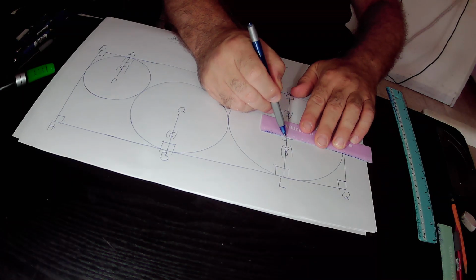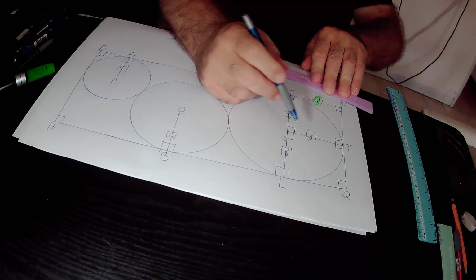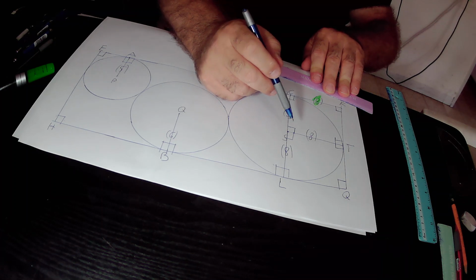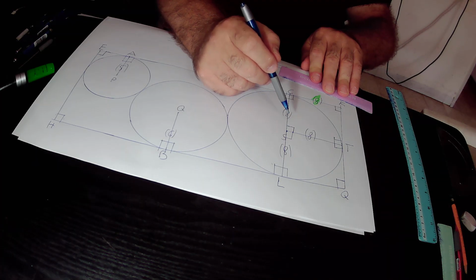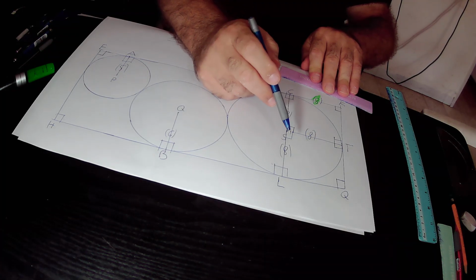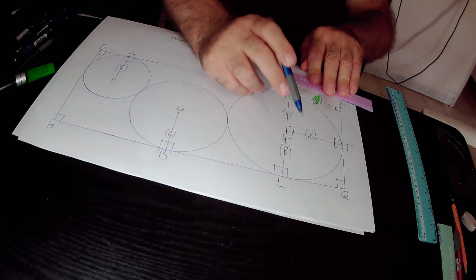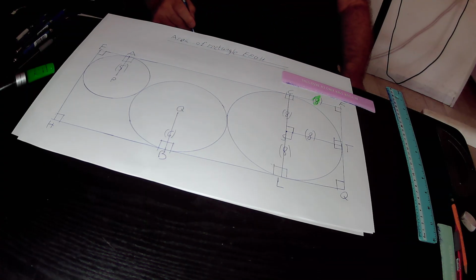Now we relate to quadrilateral STLQ as a rectangle, and we also know that the opposite sides of a rectangle are equal to each other. Anyway, we get that ST equals LQ, and LQ is also equal to 8 units, but we don't need this information here.